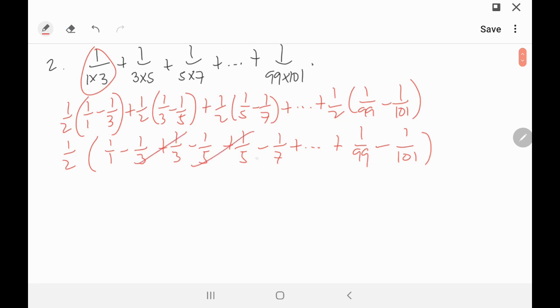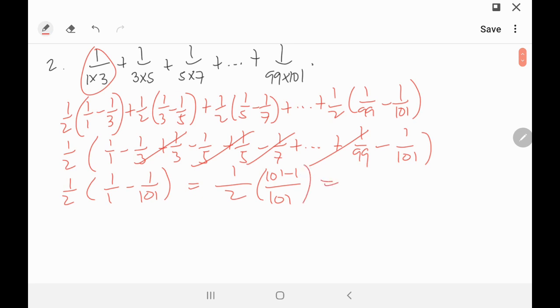These two cancel out, and 1 over 99 will also cancel out with negative 1 over 99. And we will be left with 1 half times 1 over 1 minus 1 over 101. And that would be equal to 1 half of 101 minus 1 over 101. So 1/2 of 100 over 101. And our final answer is 50 over 101.